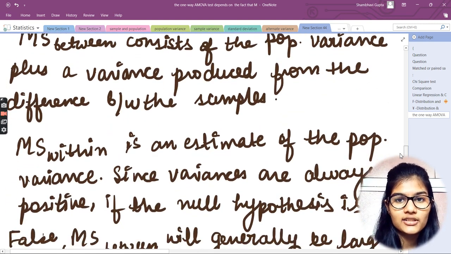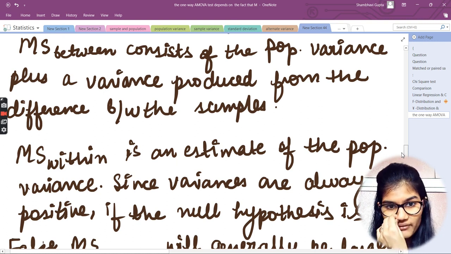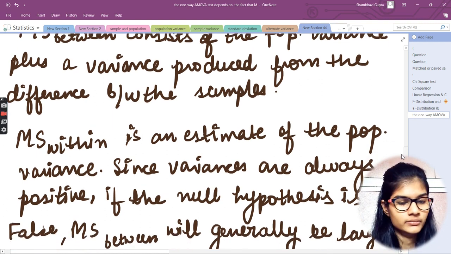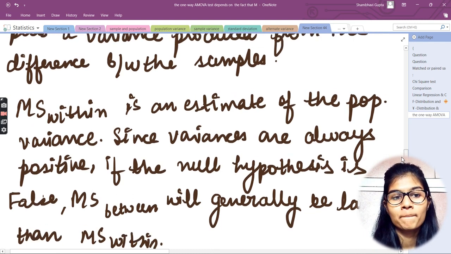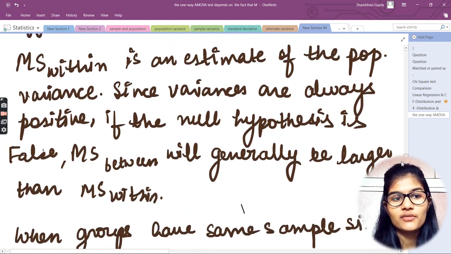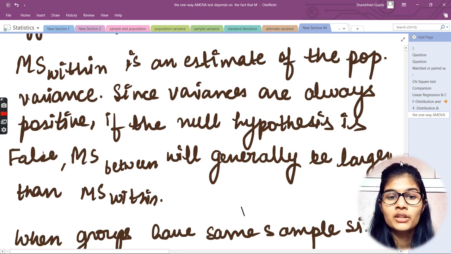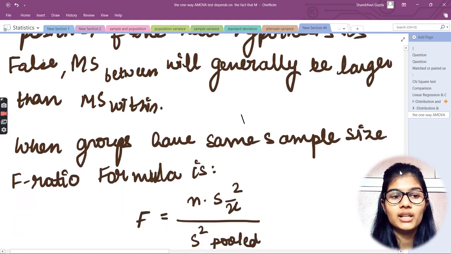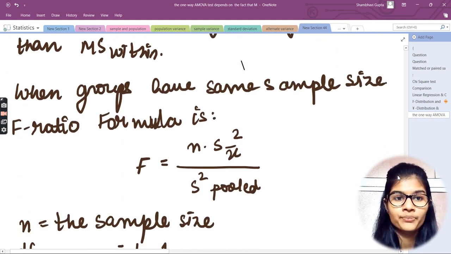MS between consists of the population variance plus a variance produced from the differences between the samples. MS within is an estimate of the population variance. Since variances are always positive, if the null hypothesis is false, MS between will generally be larger than MS within.